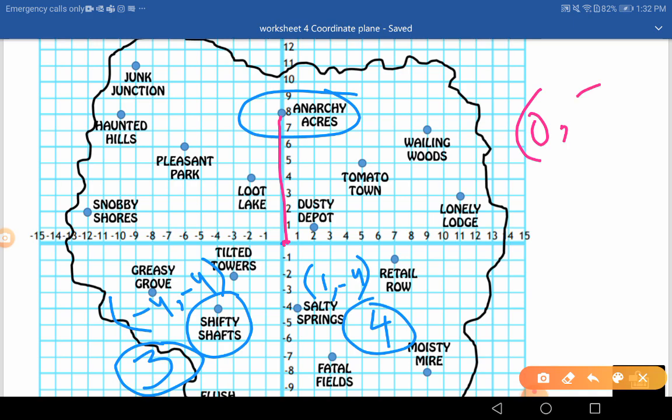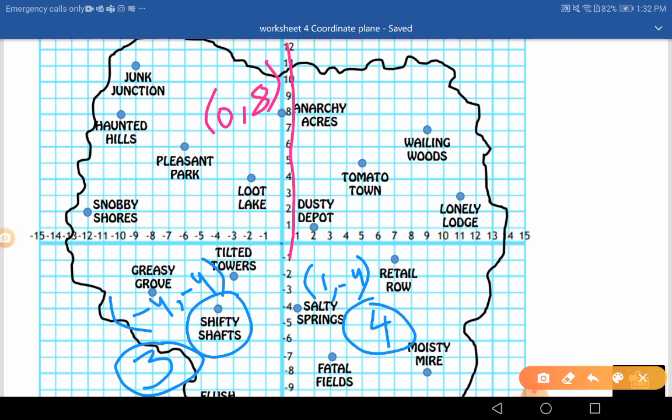And then I moved 8 steps up. So we write (0, 8). If I ask you, where is the location of this point? Is it in the 1st quadrant, the 2nd, x-axis, y-axis? You will tell me it's exactly on the y-axis, and to be more specific, it's on the positive y-axis.